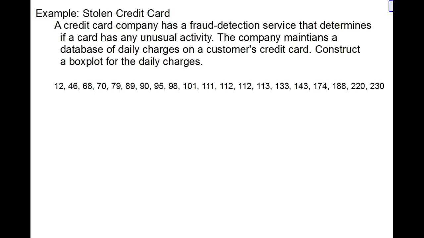The numbers are actually already arranged in order from least to greatest, and so I need to find my quartiles. I need to find my Q2 first, and so going through here, I'm looking for my quartiles.